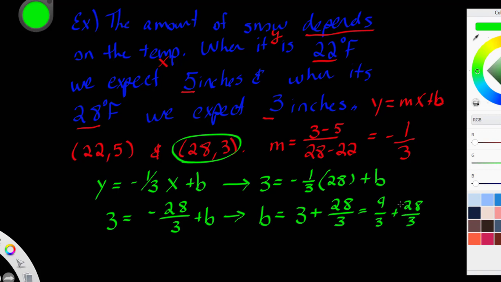Now that they have a common denominator, we can just add the tops together. So when we add the tops together, that is going to give us 37/3 for our b. Therefore, our final answer is going to be y equals negative 1/3 x plus 37/3.